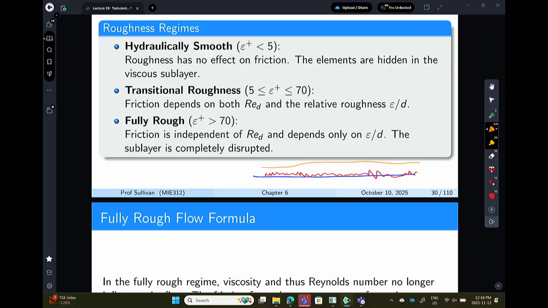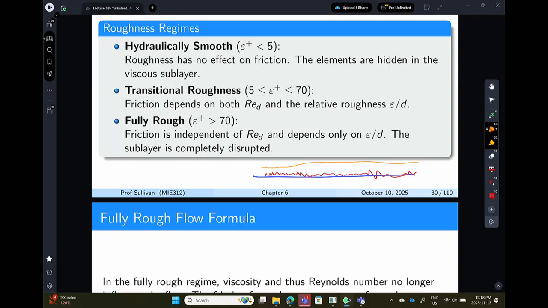Transitional roughness: if I drop that orange line, or raise the roughness height so that it's between a value of roughness of 5 to 70, friction depends on Reynolds number and the relative roughness epsilon over d. So it starts to affect things and it penetrates through there. Friction is independent when it's larger, so very thick roughness.